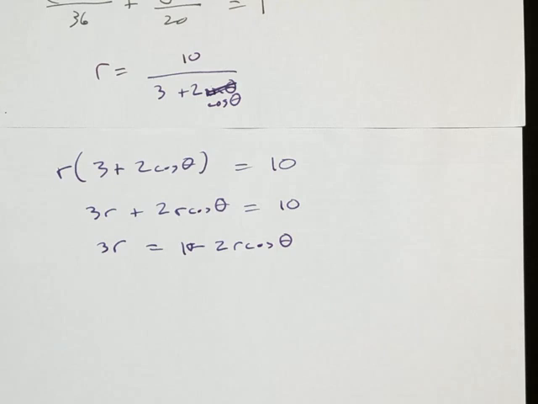And now you have to make a decision. Do you want to leave the 3 on the left, or do you want to divide by it? If I divide by it, I'm going to get some ugly fractions now. If I don't divide by it now, I'll have to divide by it later. But now I can switch from r, theta to x and y.